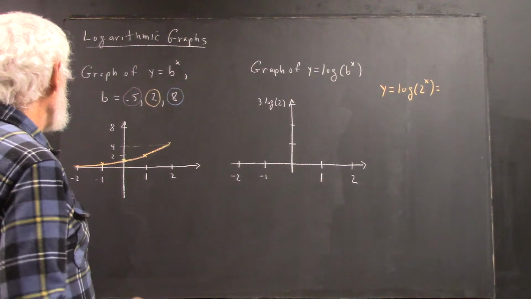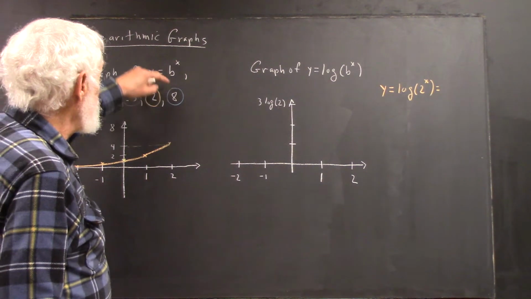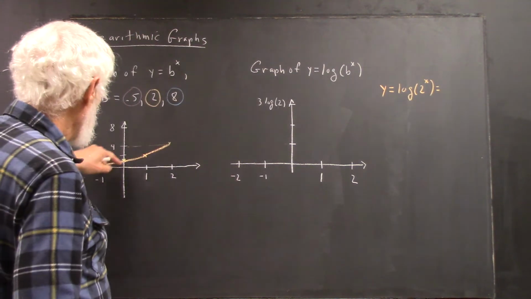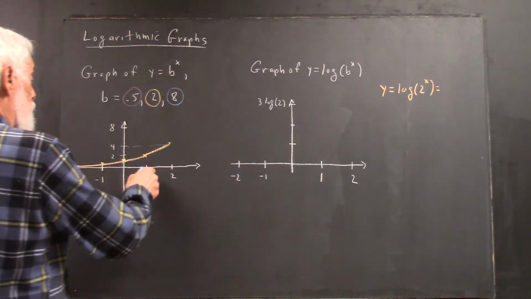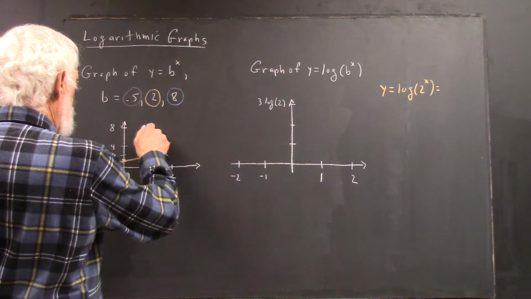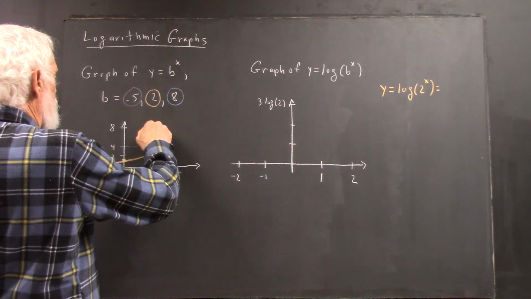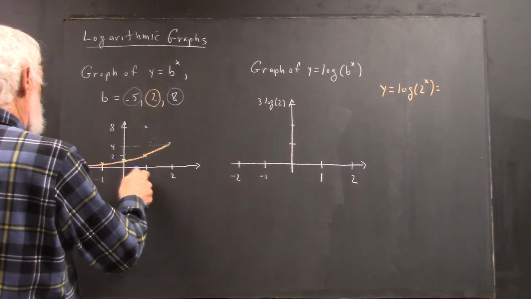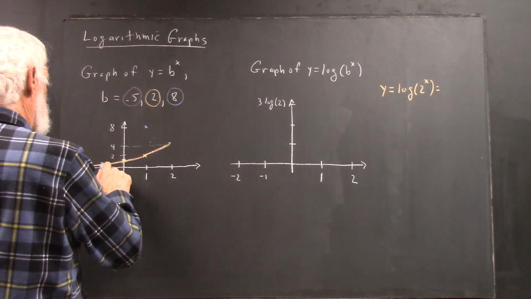Okay, so that's easy. And what about the graph of 8 to the x? Well, when x is 0, the value is 1. When x is 1, the y value of the graph is 8. So we have an exponential function that rises pretty steeply here.